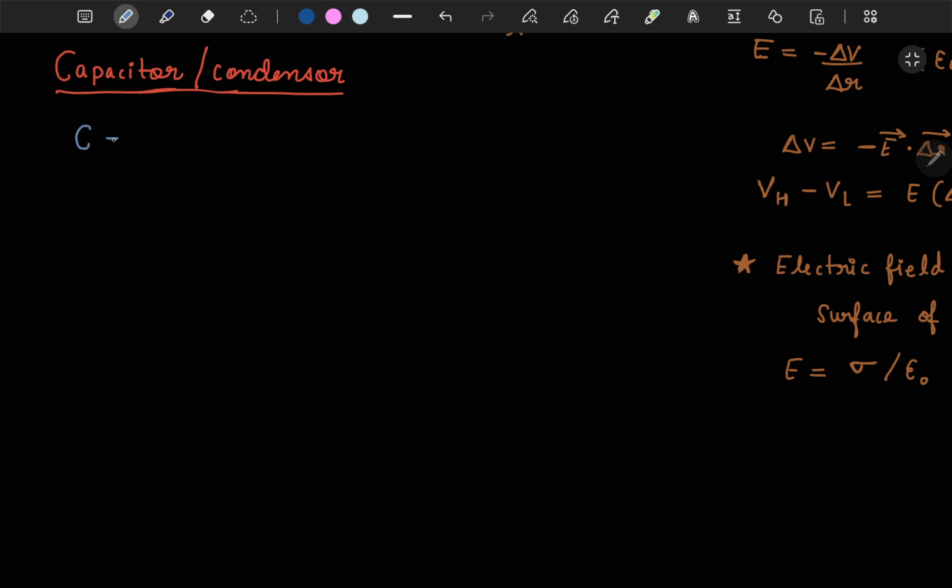Capacitance is a property of the capacitor. It is equal to epsilon naught A by D, or another formula is Q upon V. So basically we can remember it like Q is equal to CV.